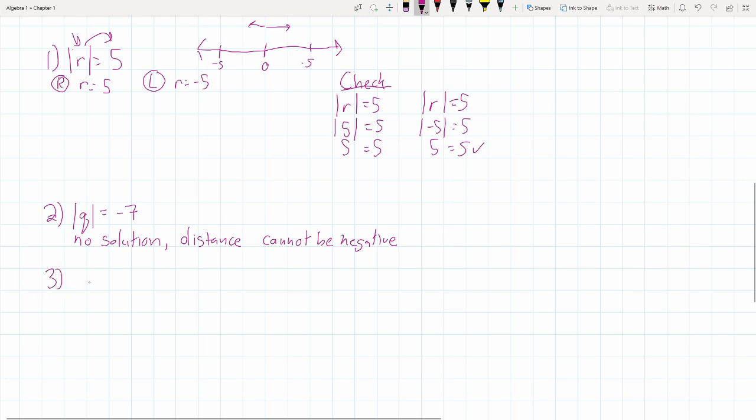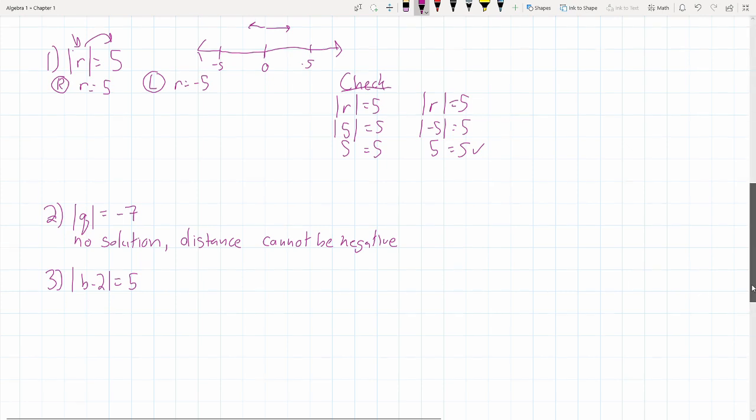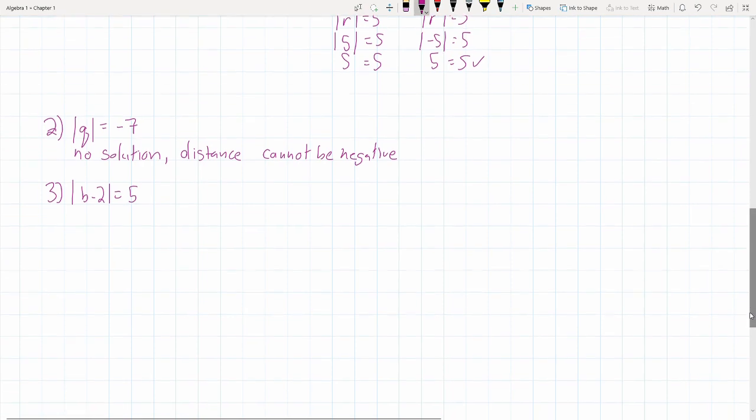All right, so now we get to skip to number 3. That's the nice thing about finding some of those. Number 3 says the absolute value of b minus 2, close that, equals 5. In looking at this, I go through two types of checks as I'm going.